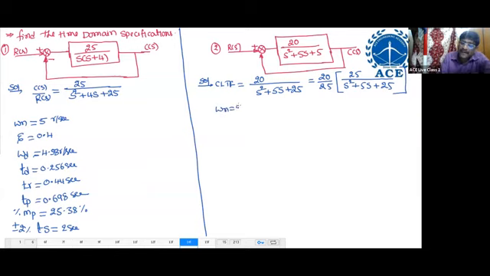Omega n is 5. Zeta is 0.5. Then omega d, TD, TR, TP, percentage of MP, and 2% TS.